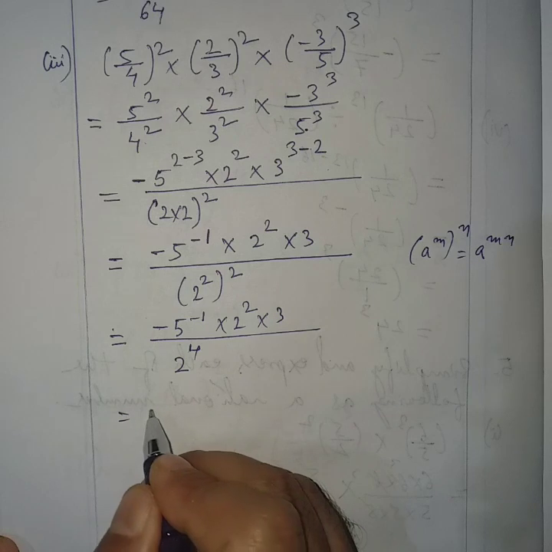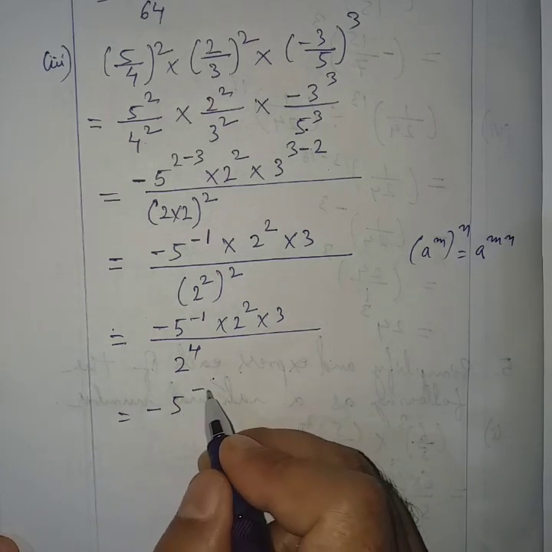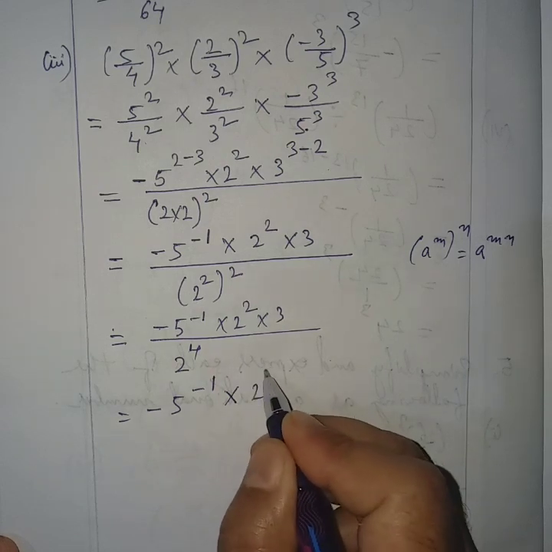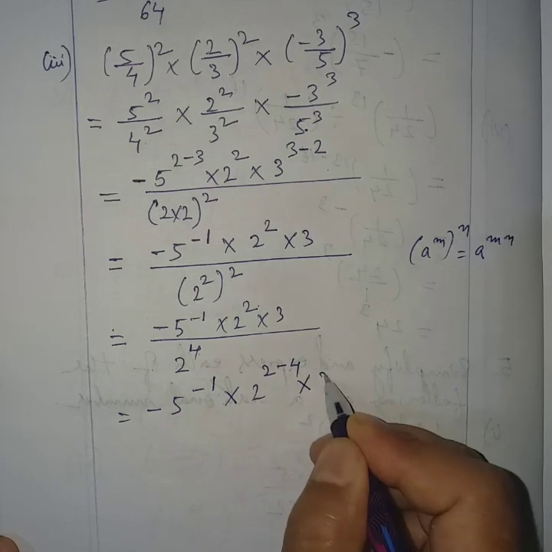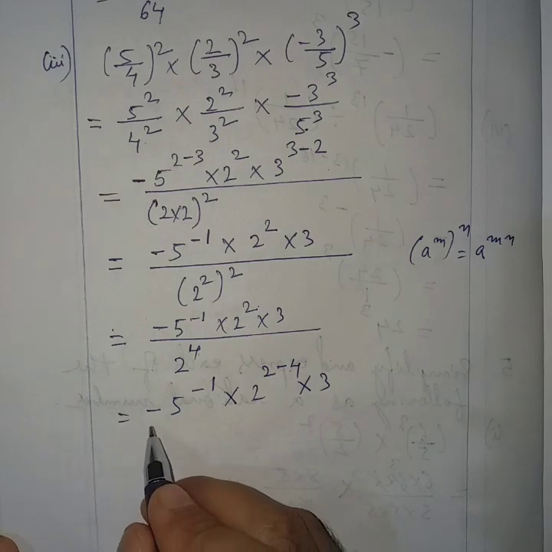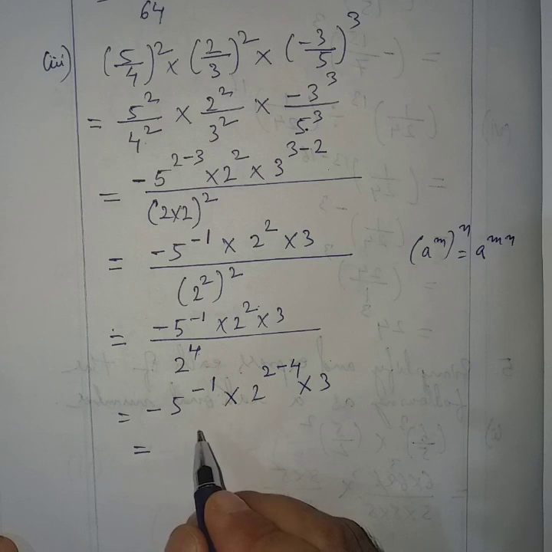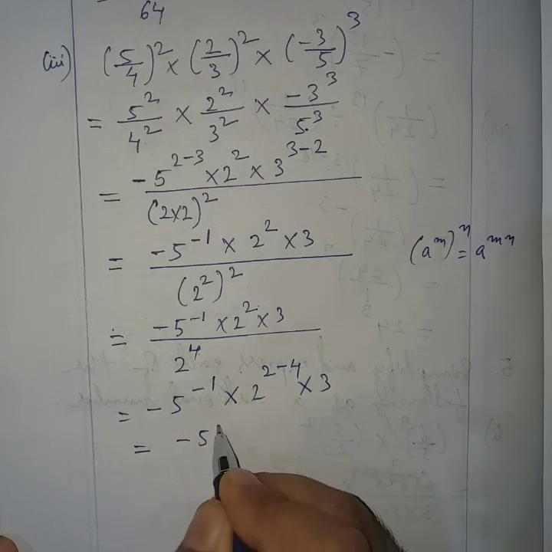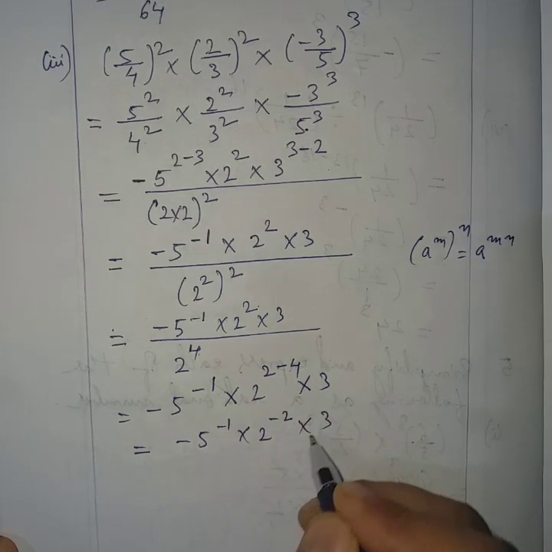Okay, in the next step, minus 5 to the power minus 1 into 2 to the power of the numerator minus the power of the denominator, into 3. The bases are the same here, so we can apply the laws. So now here, minus 5 to the power minus 1 into 2 to the power minus 2 into 3.